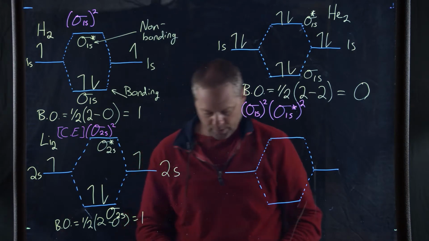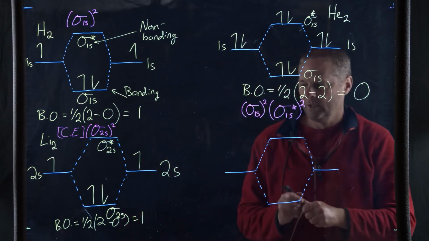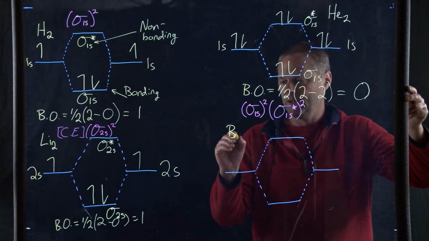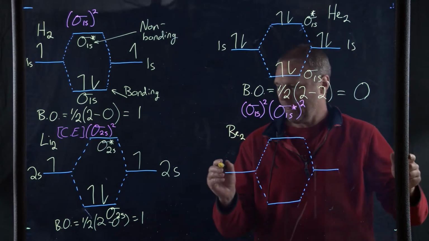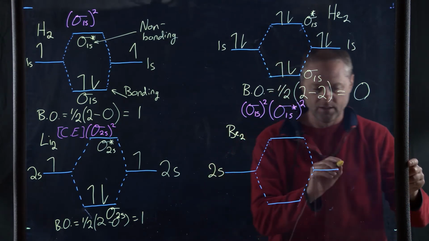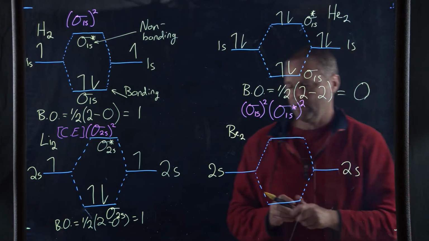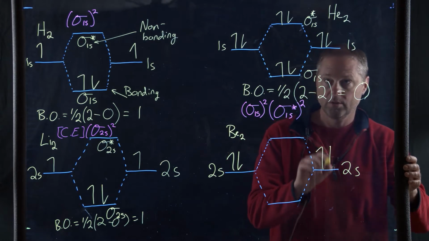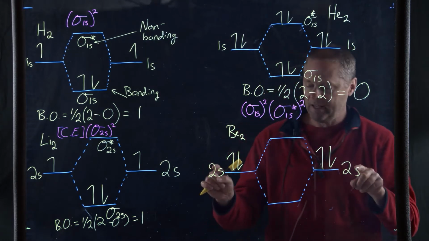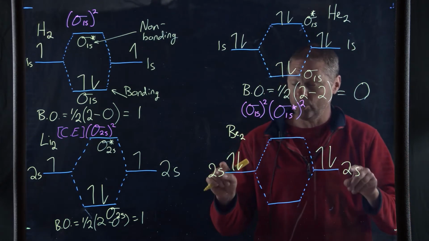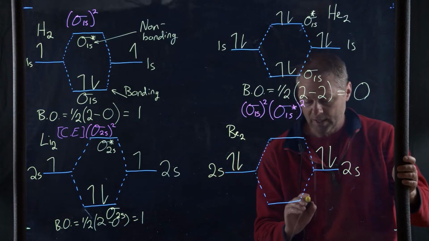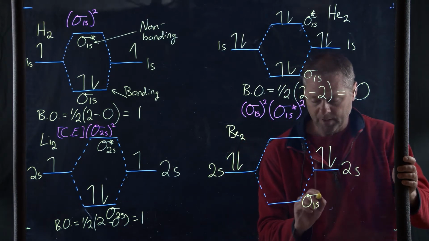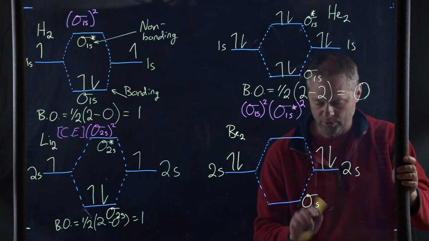The next one's going to be beryllium 2. So this one here is going to be beryllium 2. This is going to be the 2s. Now remember, beryllium is going to be a 2s2. These two 2s atomic orbitals are going to mix to make, that's not 1, that should be 2, sorry.